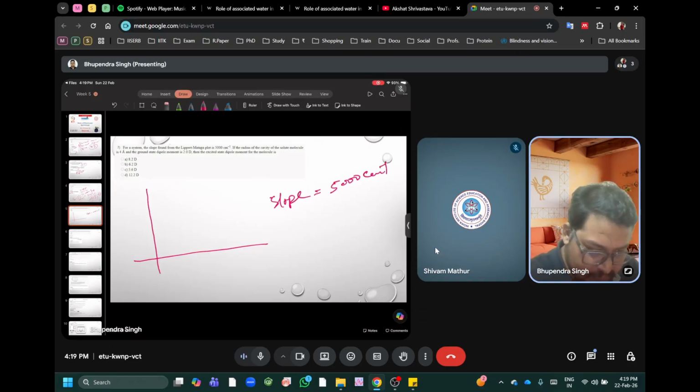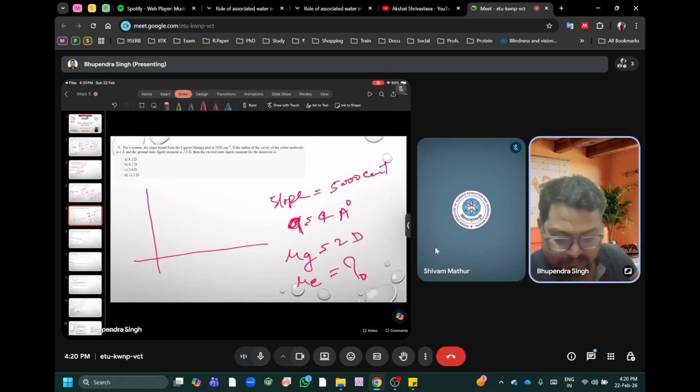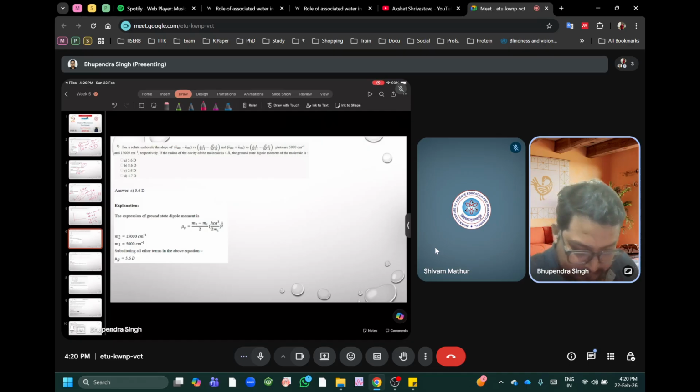If the radius of the cavity of the solute solution is found to be a, which is 4 angstrom, and the ground state dipole moment is 2 D, then the excited state dipole moment for a molecule is mu e. This is just formula based, I believe.